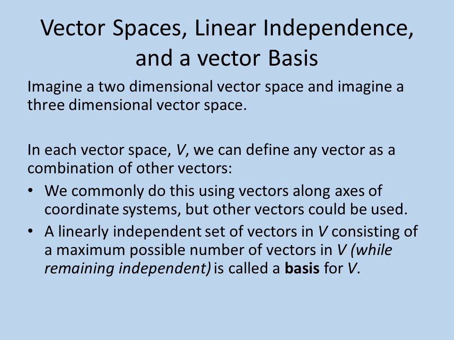And a linearly independent set of vectors in the vector space V that constitute the maximum number of vectors that are independent in space V is called a basis for V.